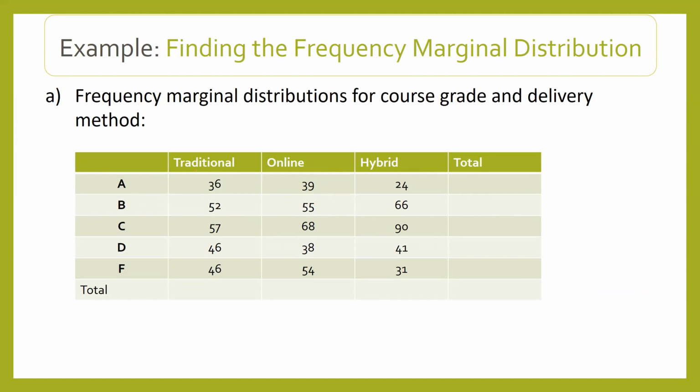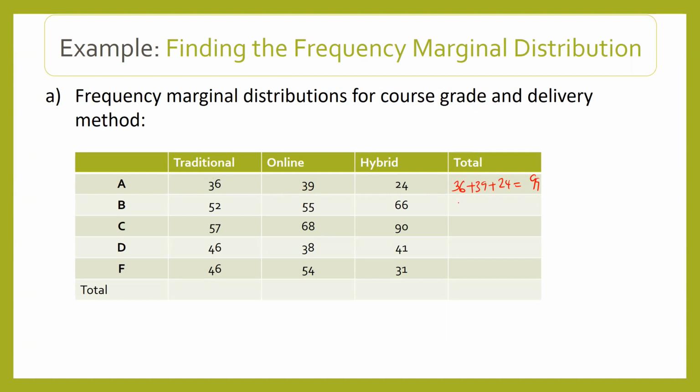To find the frequency marginal distribution, all we do is complete this table. When we add across the row, we put the result here. So 36 plus 39 plus 24, which is 99. That would be this total.